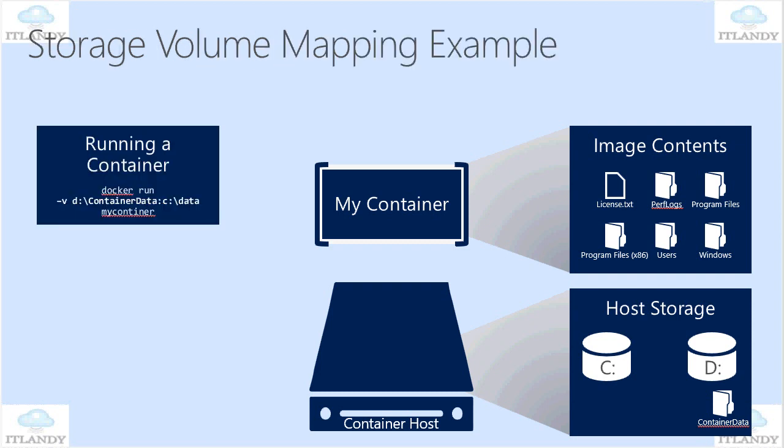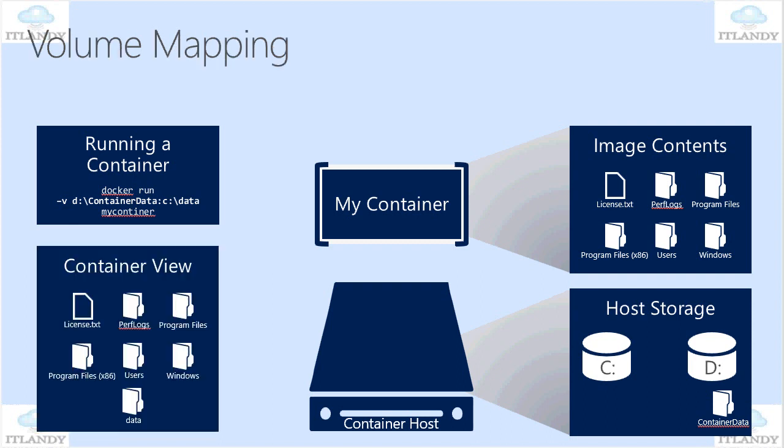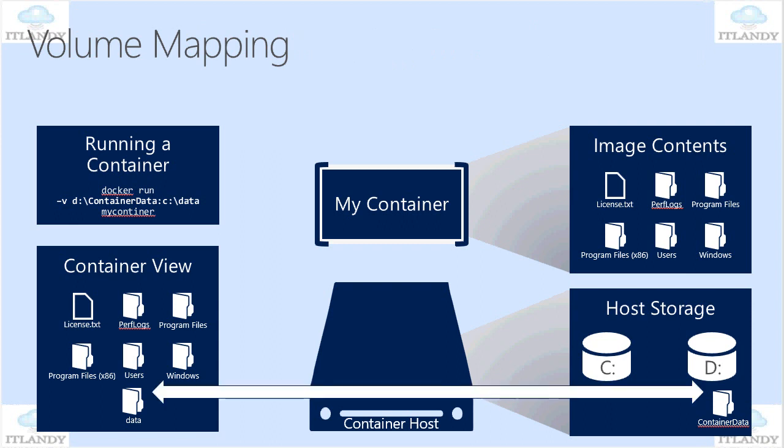Next is running a container like docker run -v, where my data maps into the container itself, and then underneath it I'll have the container view: license, program files. Overall, something like that. The container host will be managing the host storage, and the container view around the drives and where we host the data and the program files itself.